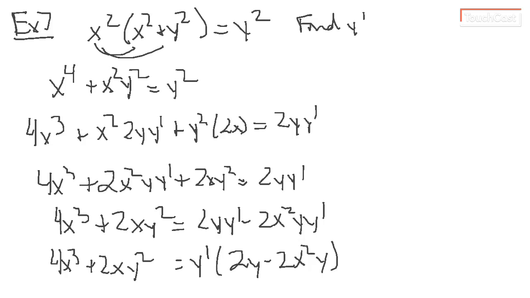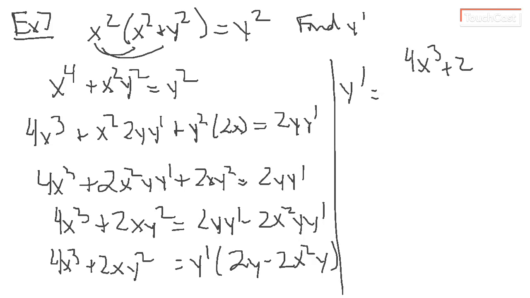And now to solve for y prime, I'm going to just divide by the 2y minus 2x squared y. So my numerator is going to be 4x cubed plus 2x y squared divided by 2y minus 2x squared y.